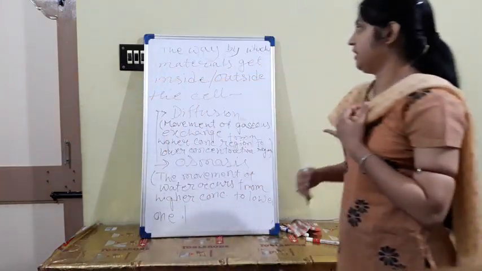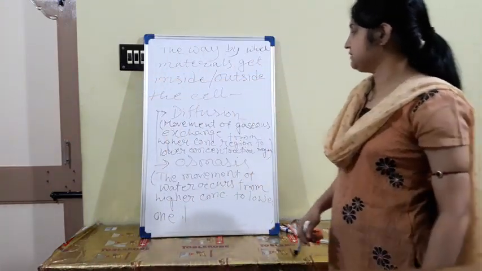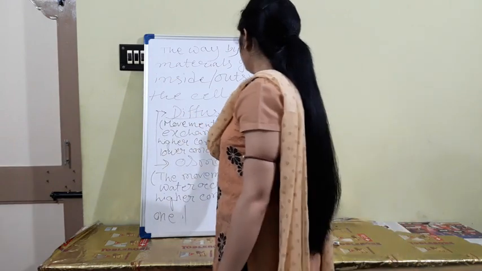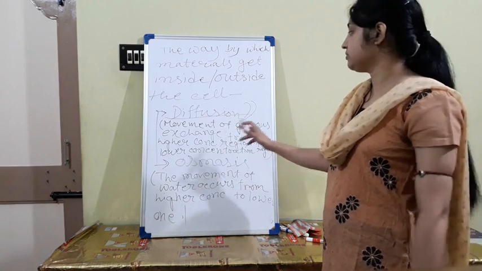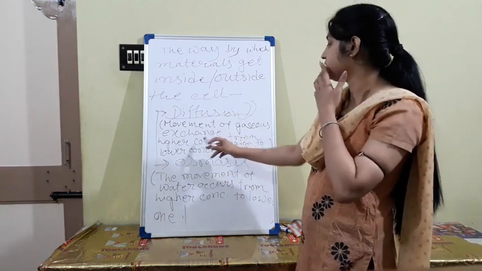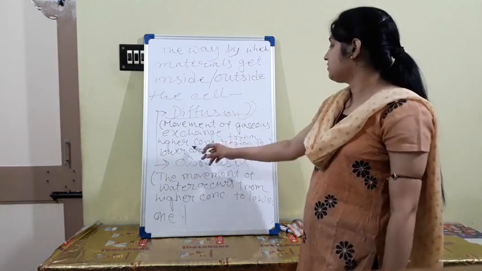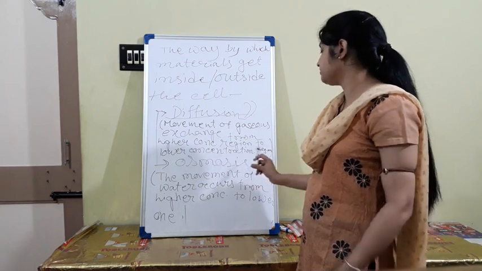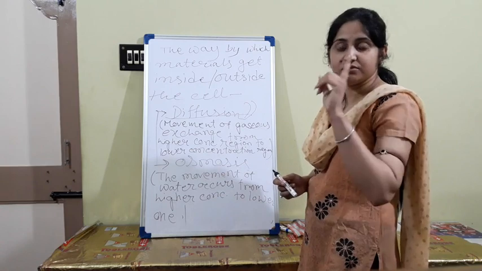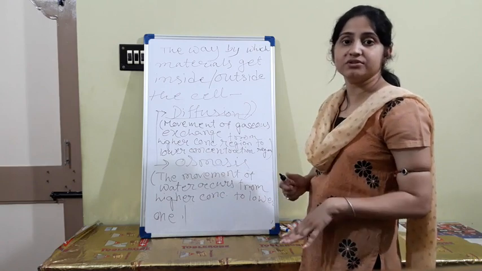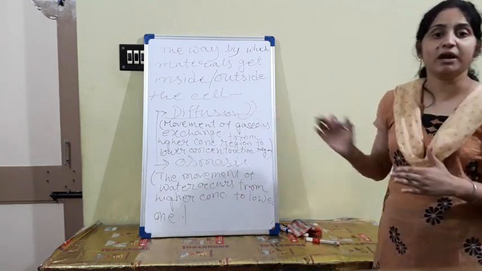These are the two processes by which different materials move into the cell. First one, diffusion. What is diffusion? It is the movement of gaseous exchange from a higher concentration region to a lower concentration region through a selectively permeable membrane.